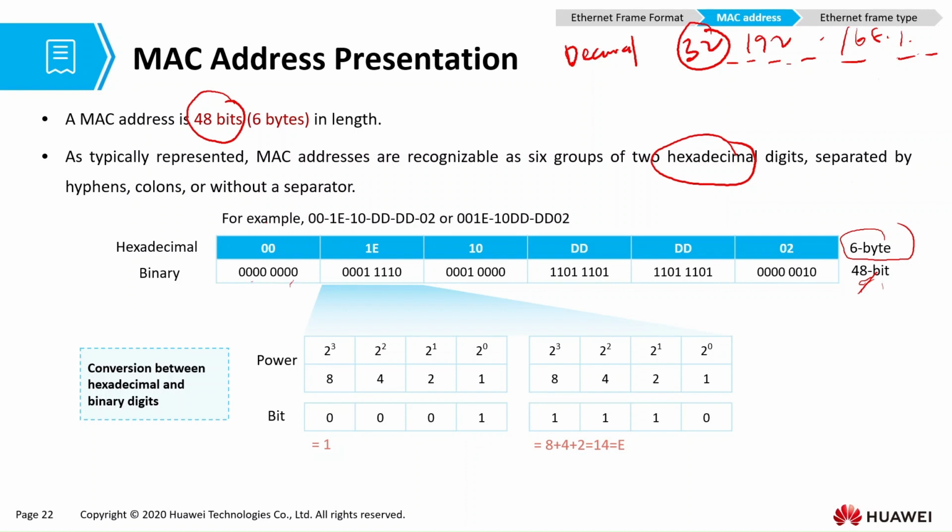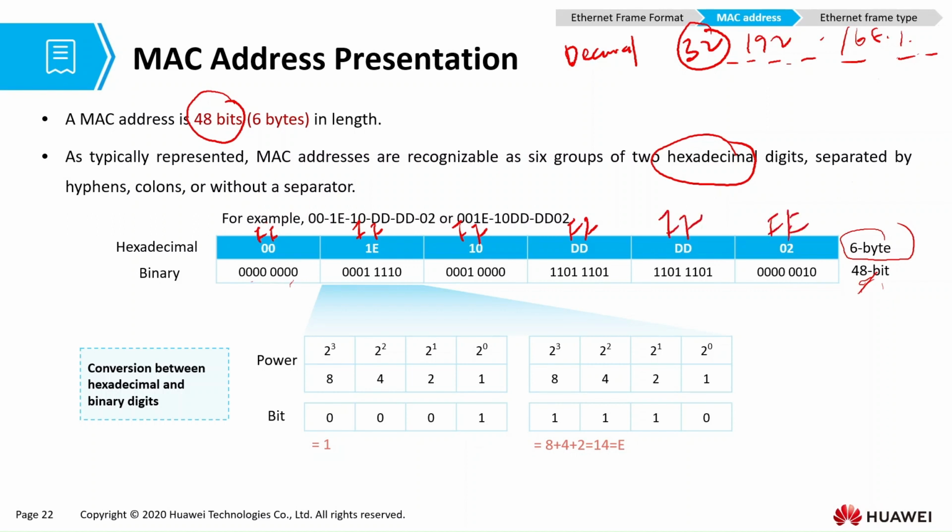So again, we will convert into binary, because when you are going to learn the different types of frames, then you are going to know how to differentiate. That one is unicast, multicast, broadcast. But remember the broadcast, which I already mentioned at the beginning of the class, all of your MAC address will be FF.